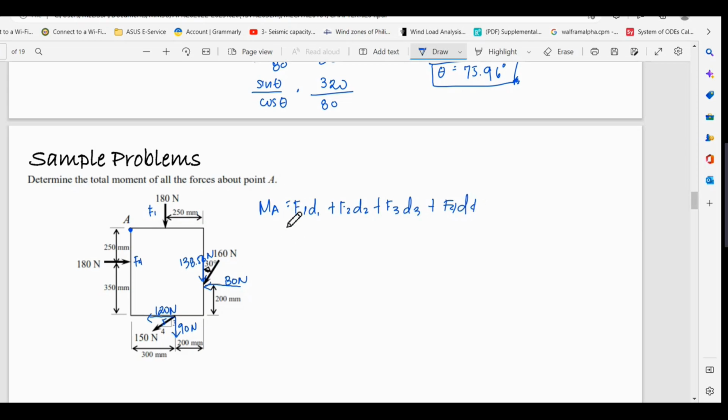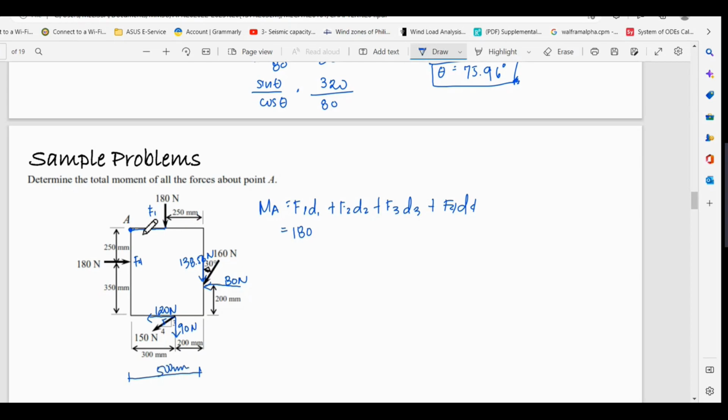Let's start with F1. F1 is 180 Newton. The distance perpendicular to our point A is this distance. The overall width is 300 plus 200, 500 millimeters.